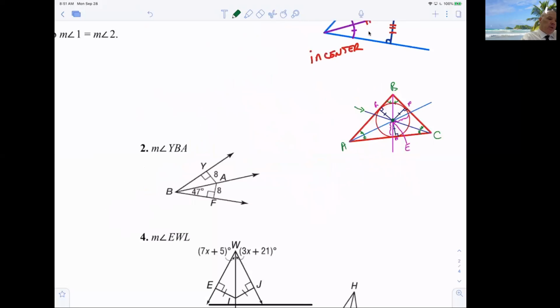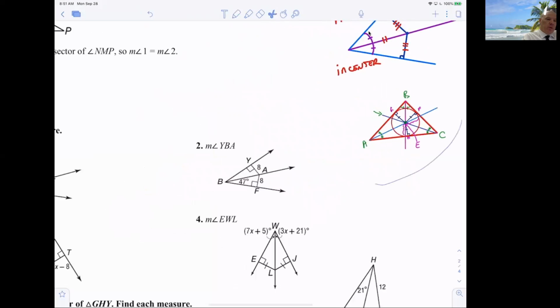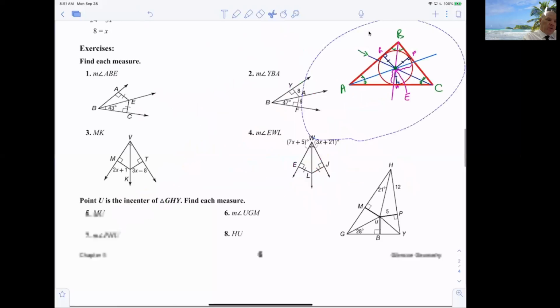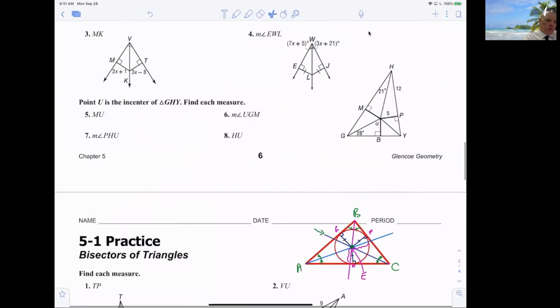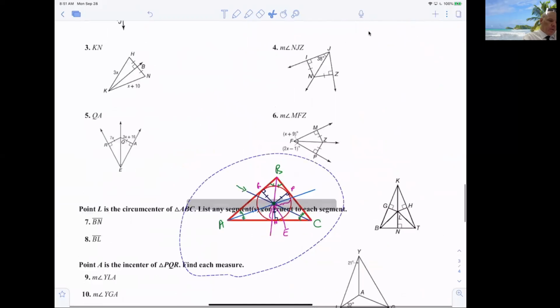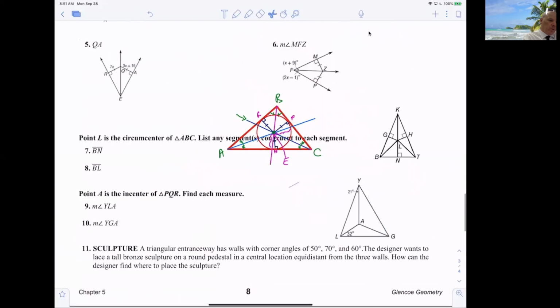Hold on one second. I'm going to blow this up so I can show you better. I might even put it on a different piece of paper. Come on, guys. Sorry, I'm just going to put it on a different sheet of paper.